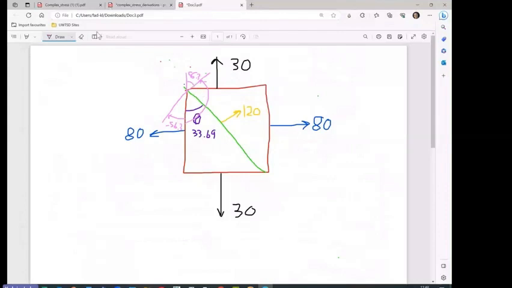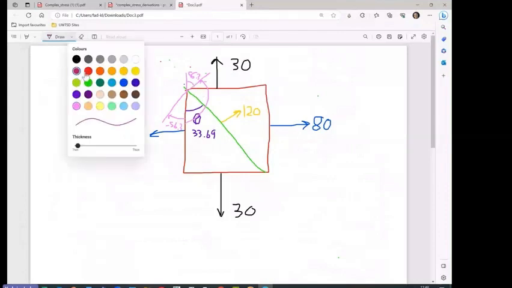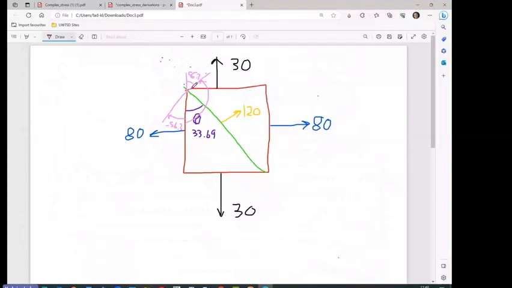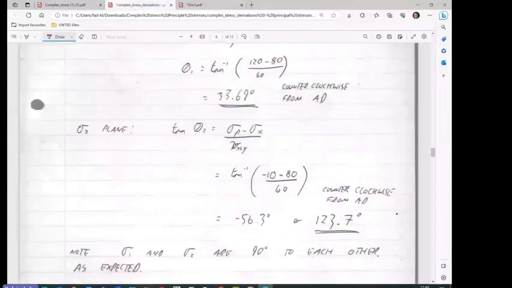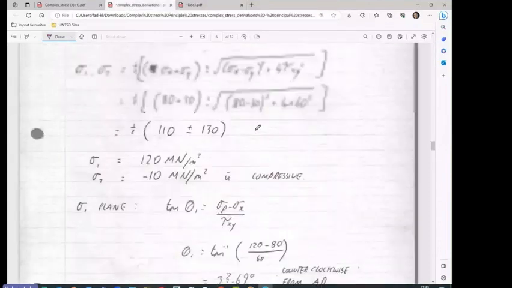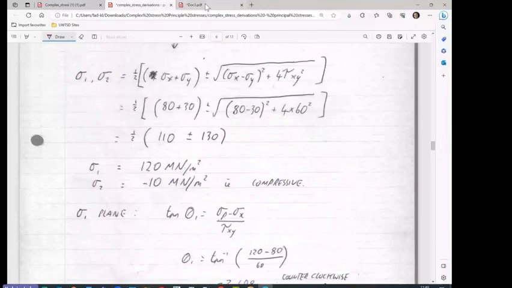Notice those two planes are at 90 degrees to each other, and that's exactly what we'd expect. The principal planes are always at 90 degrees to each other. The maximum principal plane has a stress of 120 megapascals. The minimum principal plane, we've worked that out as minus 10 megapascals.